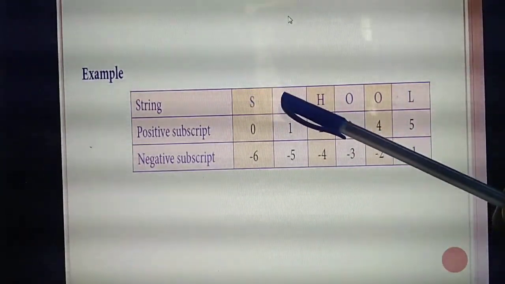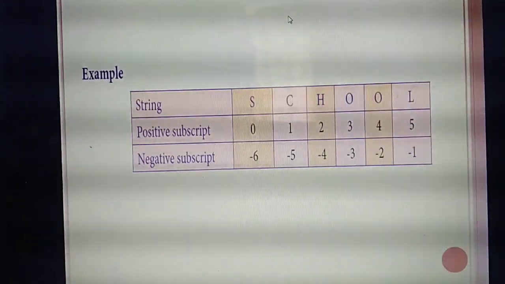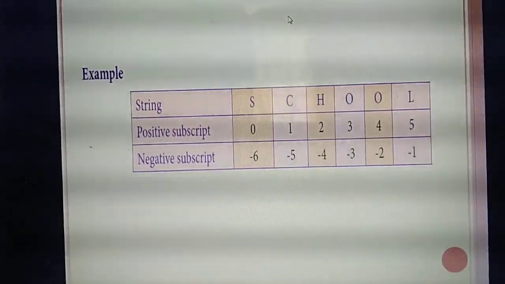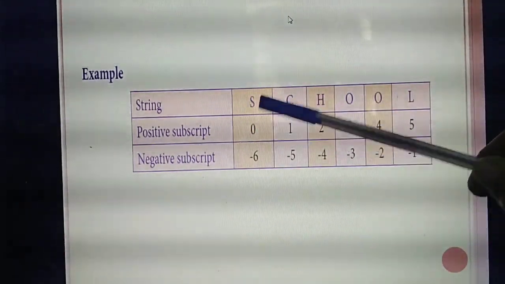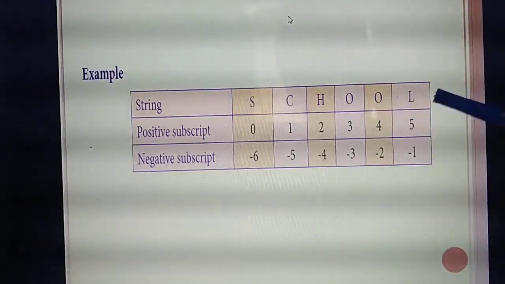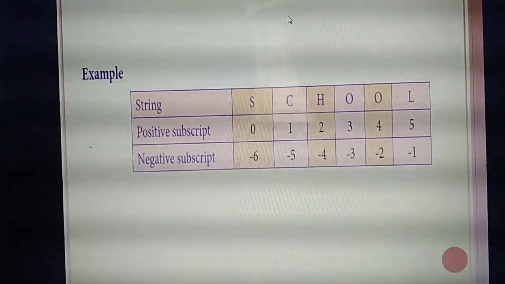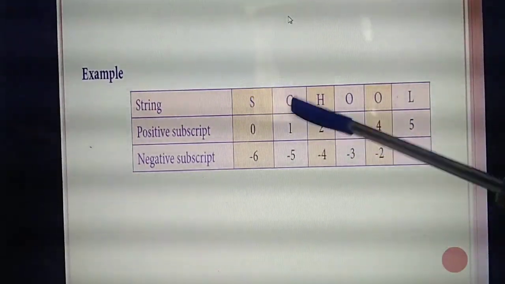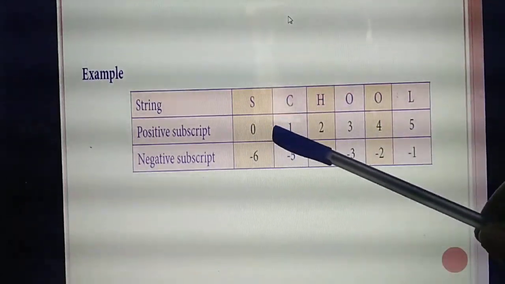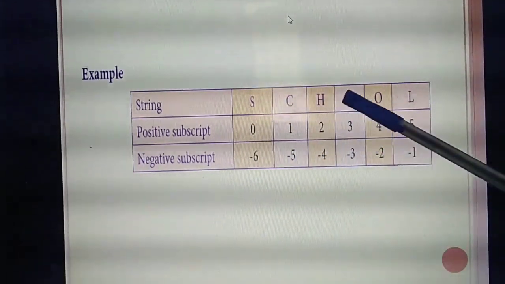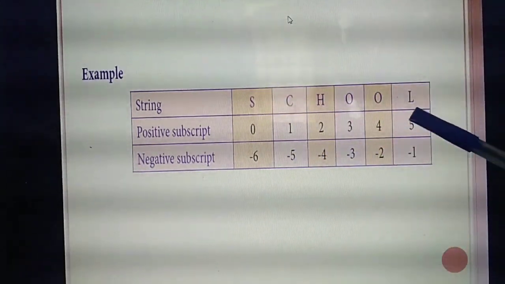So the index value for a positive index always starts from 0, isn't it? Now you can put the index values for each character: 0, 1, 2, 3, 4, 5. Normally, how many letters are there? 1, 2, 3, 4, 5, 6. Isn't it 6 letters? But a positive index always starts from 0, and the last value is n minus 1.